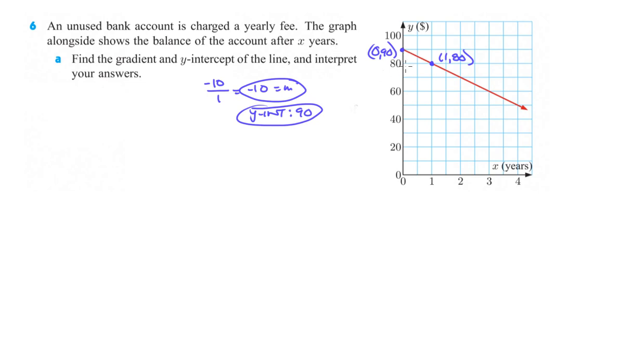So every year you're losing $10 if you don't use your bank account. It just keeps going down by $10 every year. And then the y-intercept is 90. That means that you started with $90 in your account.